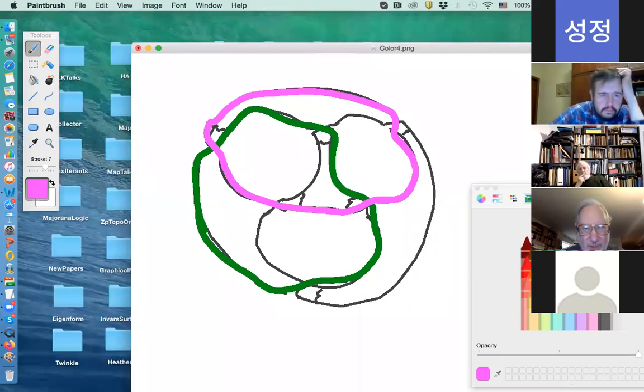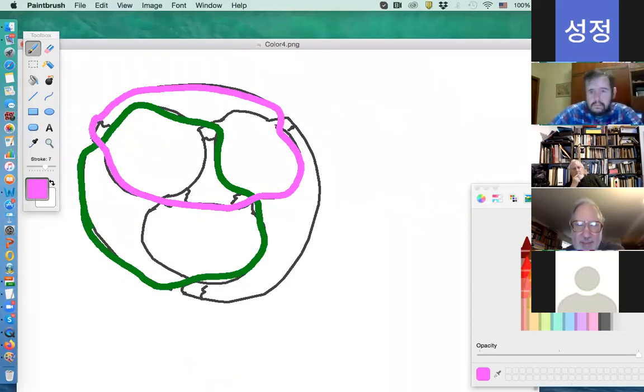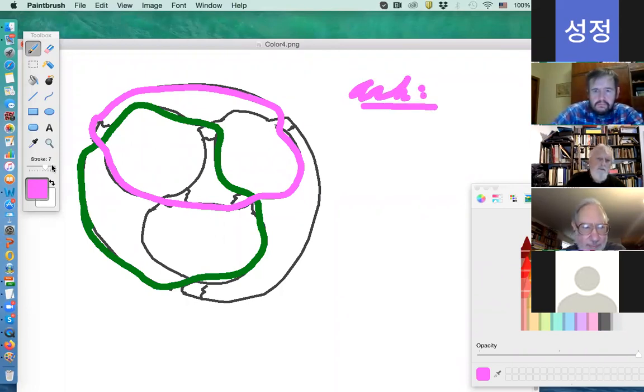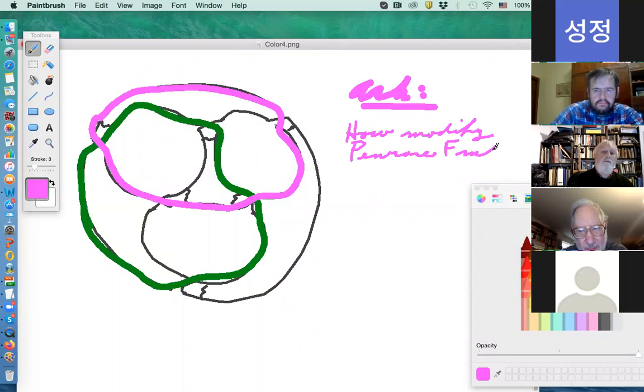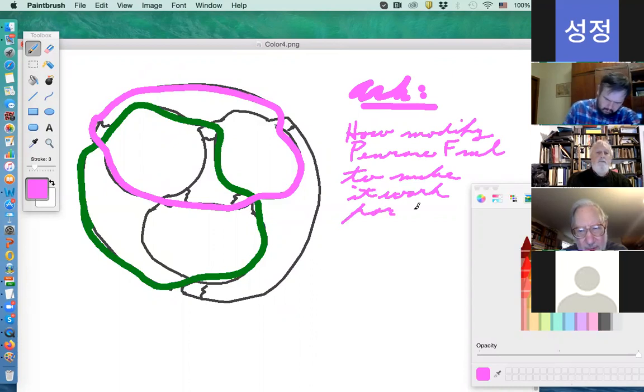Now that we've built up this much work, you can ask: how to modify Penrose's formula to make it work for any trivalent graph, for any non-planar graph.